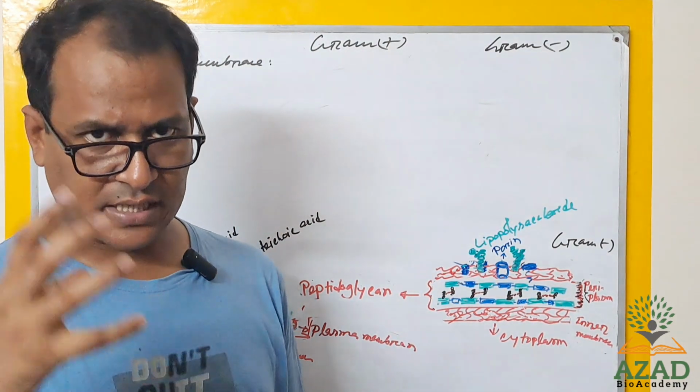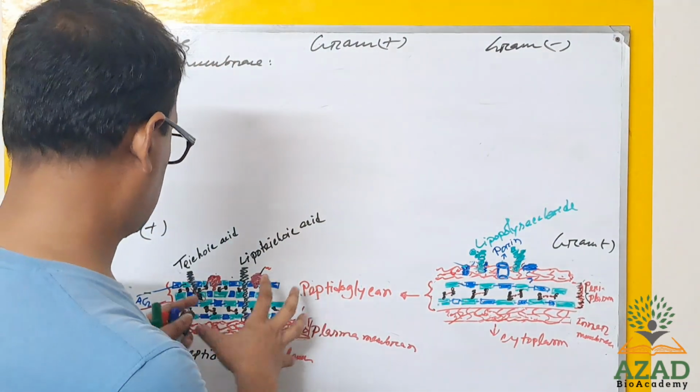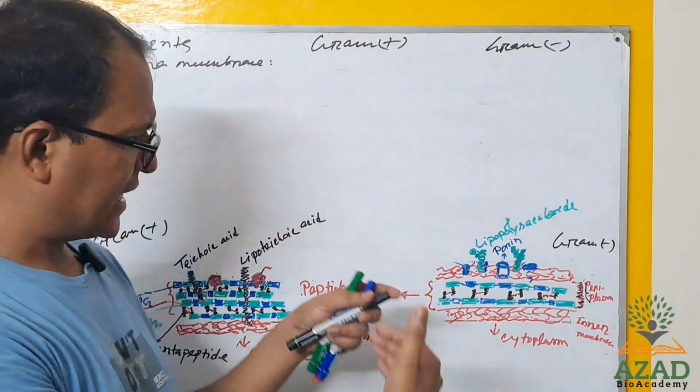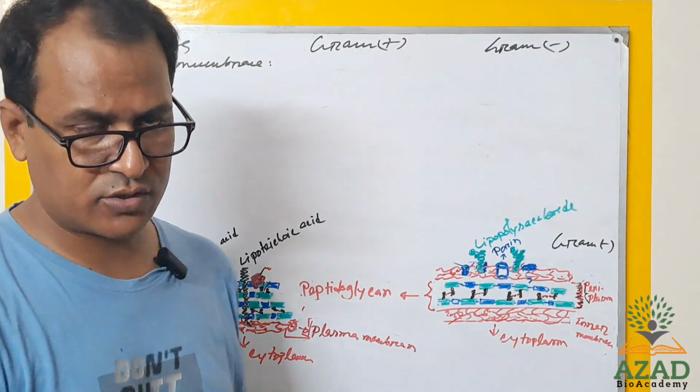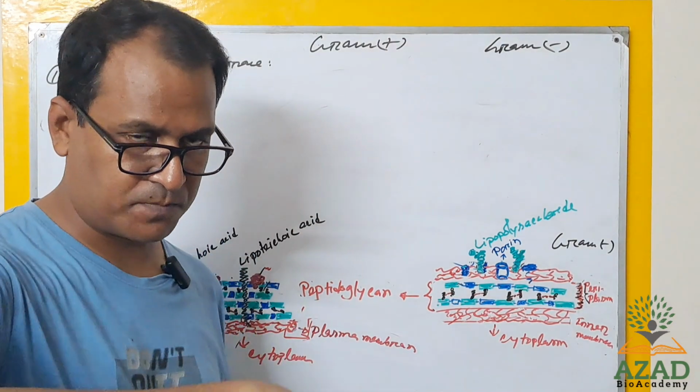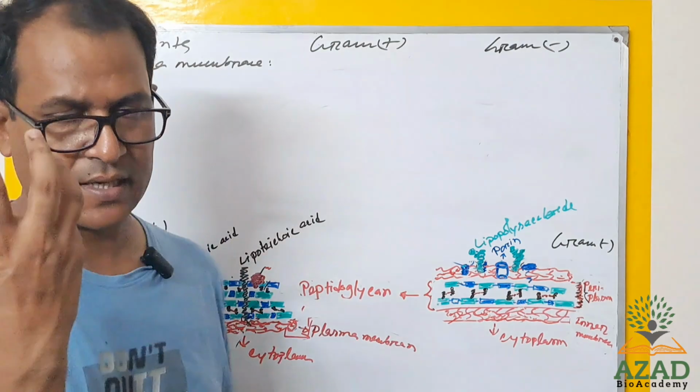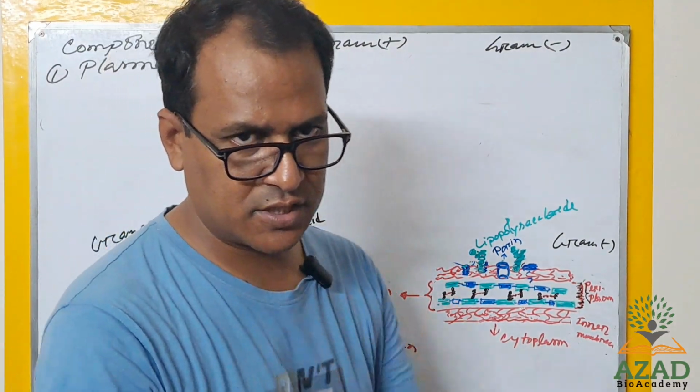I will not take much time on the plasma membrane. The plasma membrane is the basic inner membrane of a cell, which carries the interior components of the cell. It is very common and essential for each and every cell.